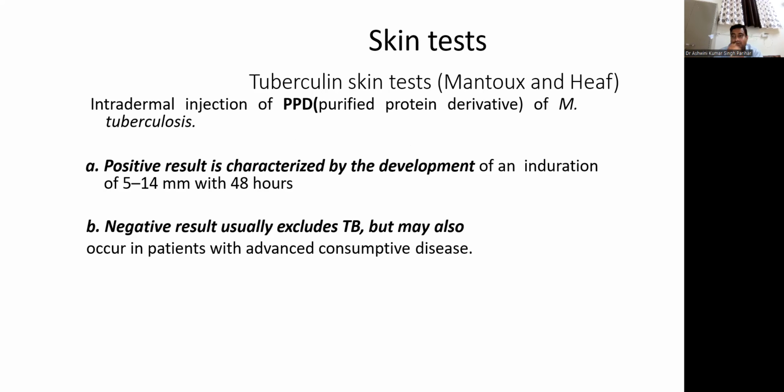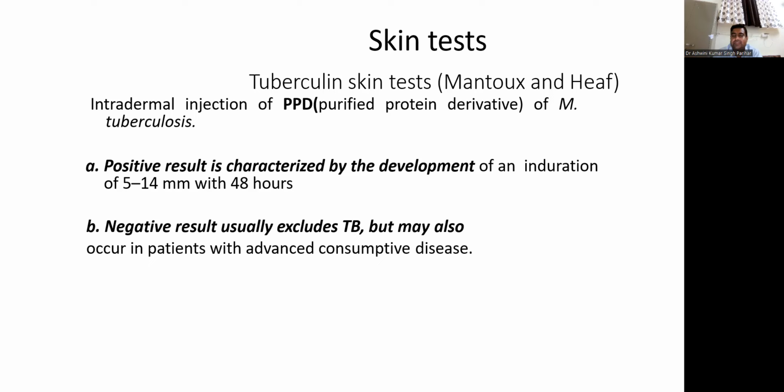Skin test to make a certain diagnosis: the tuberculin skin test, that is the Mantoux test, where an intradermal injection of purified protein derivative of Mycobacterium tuberculosis is given in the skin, and the result is read after 48 hours.